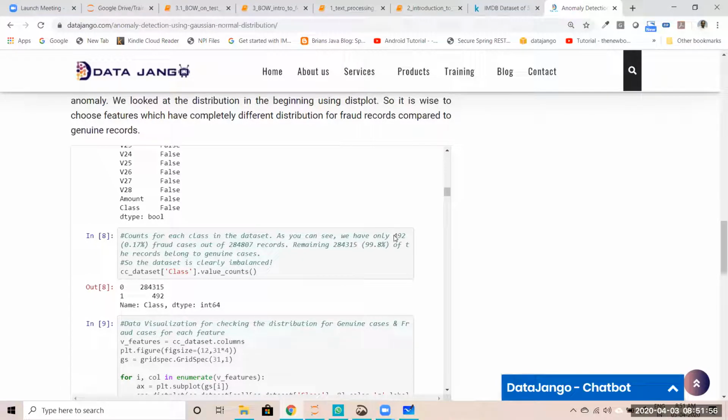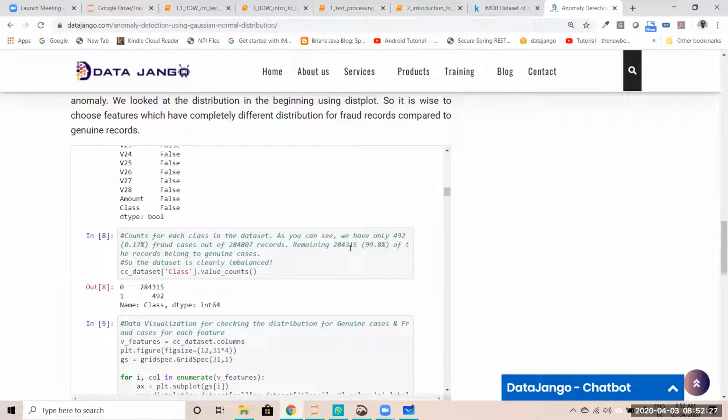Okay, so these 492 records are 0.17%, and we have 99.8% of records belonging to non-fraud records. Okay, my first question is, when we are creating the data set, to which class should we assign 0 and to which class should we assign 1?